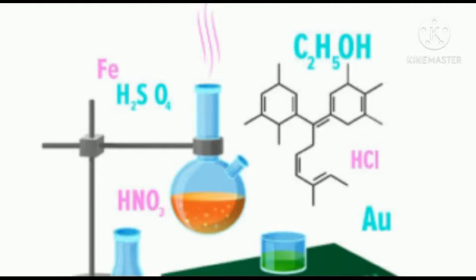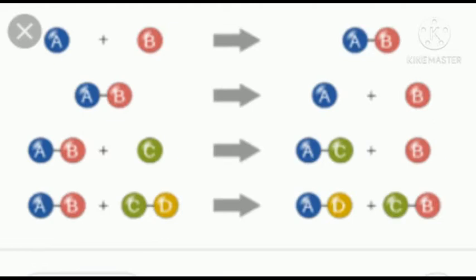So students, the meaning of this sentence is that the number of atoms on the reactant side is equal to the number of atoms on the product side. Only then is it possible that the total mass of the reactant side is equal to the total mass of the product side. So students, this is possible only under this condition.